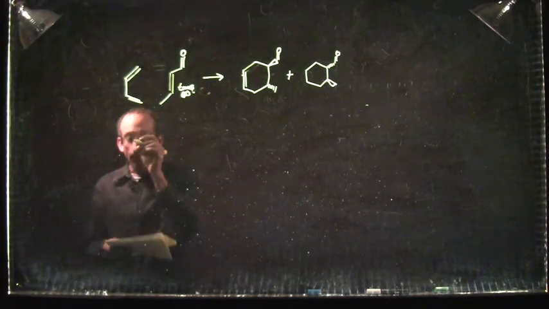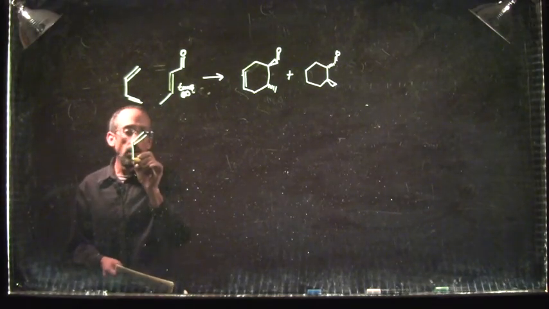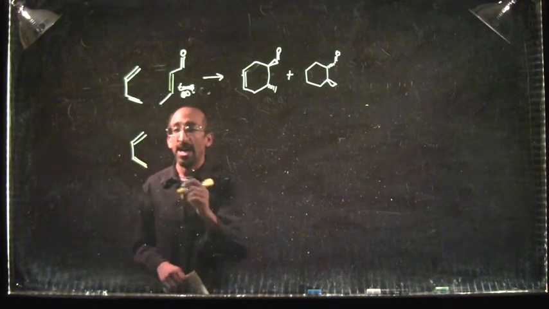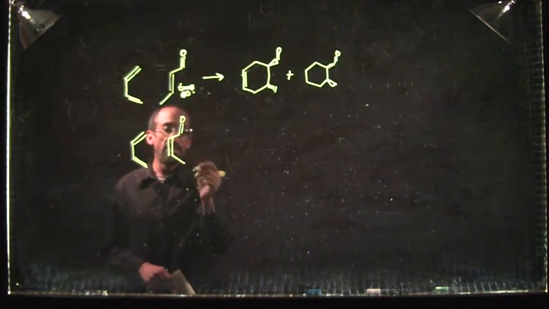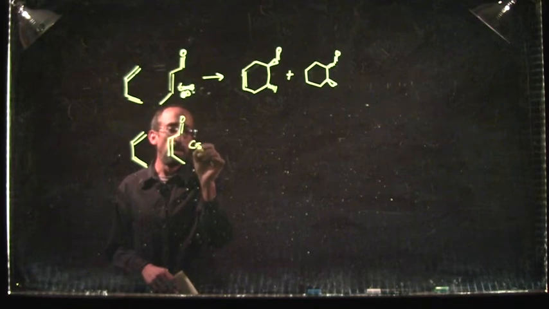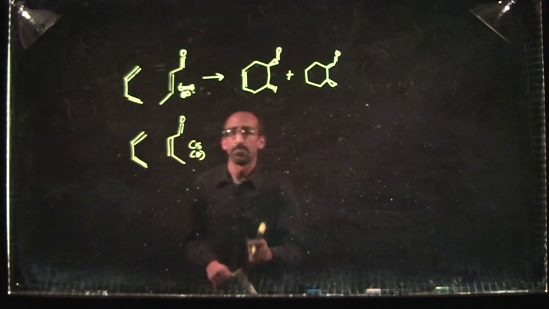Similarly, when we begin with an unsubstituted diene, here now I'm going to start with a cis dienophile, or a Z dienophile, if you will.